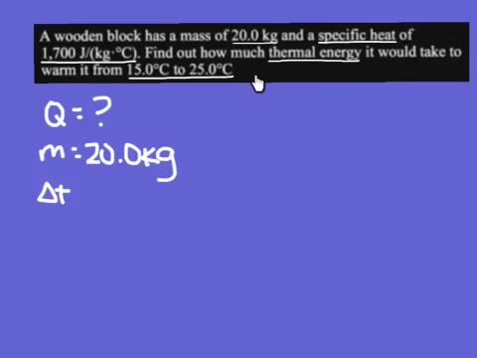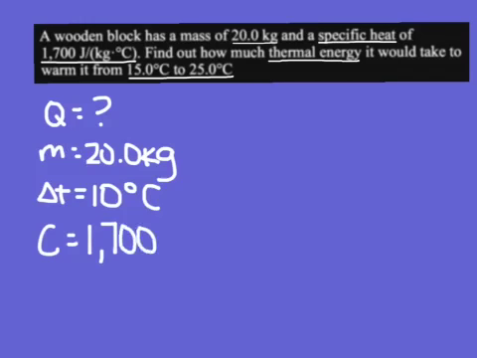So it would be 25 minus 15. You always subtract the first number from the second number. So 25 minus 15 is 10 degrees Celsius. And then C, which is specific heat, that's that funky unit number, 1,700 joules divided by kg times degrees Celsius.